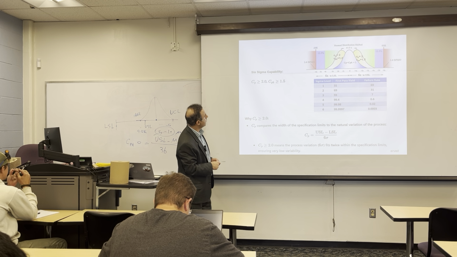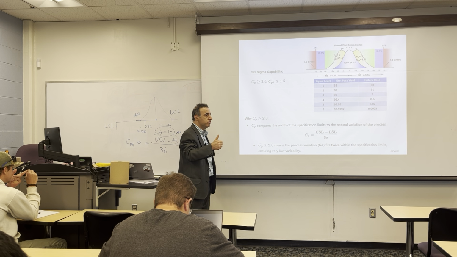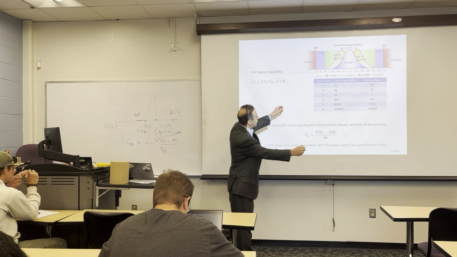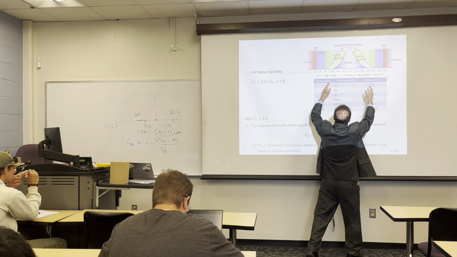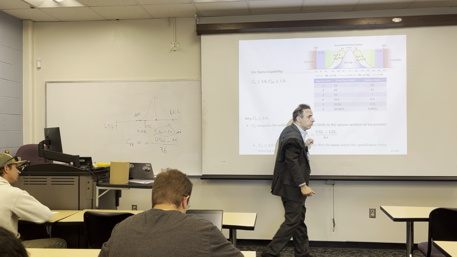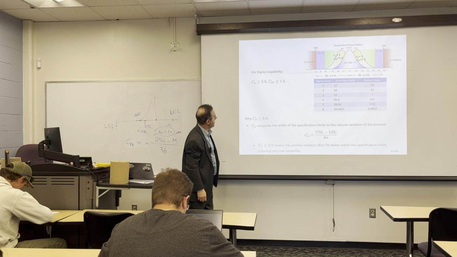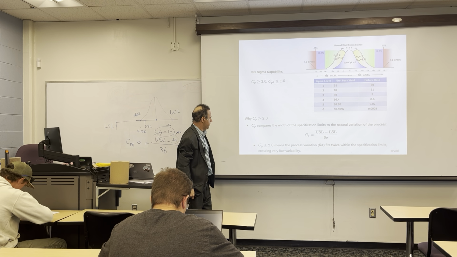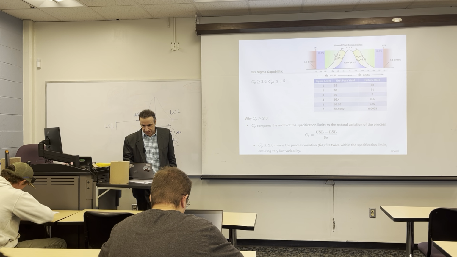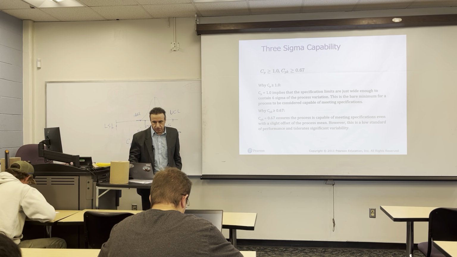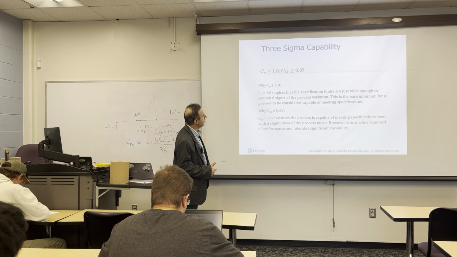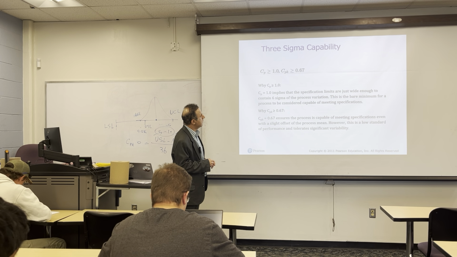For example, 6 sigma capability means CP has to be larger than 2, this portion divided by this portion, and CPK has to be 1.5. And 3 sigma capability means CP is going to be more than 1, CPK has to be more than 0.65.